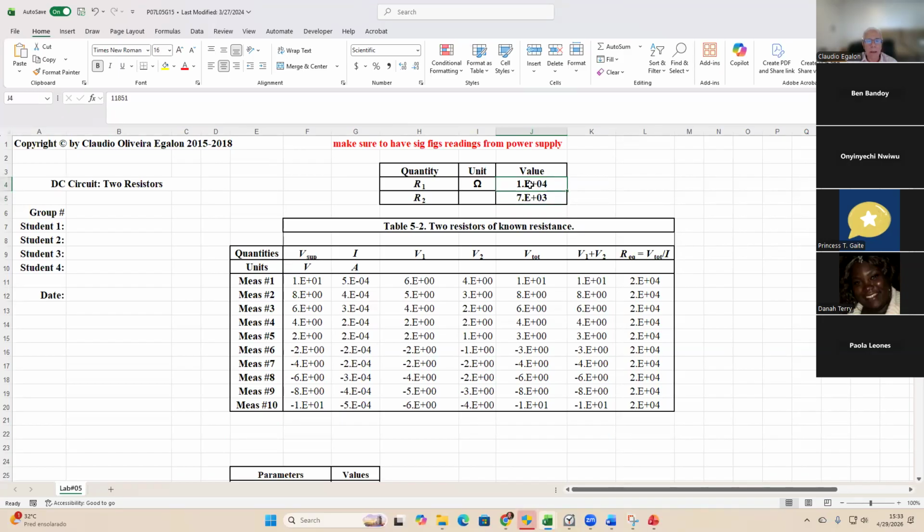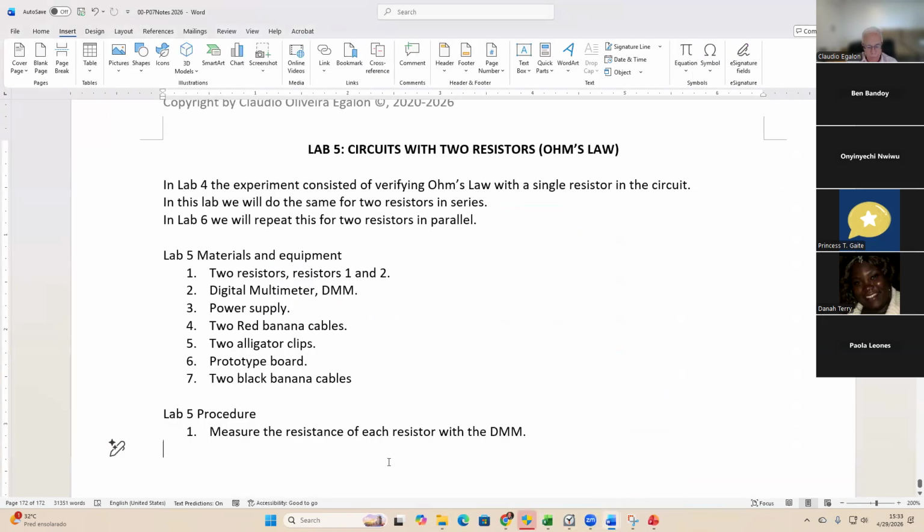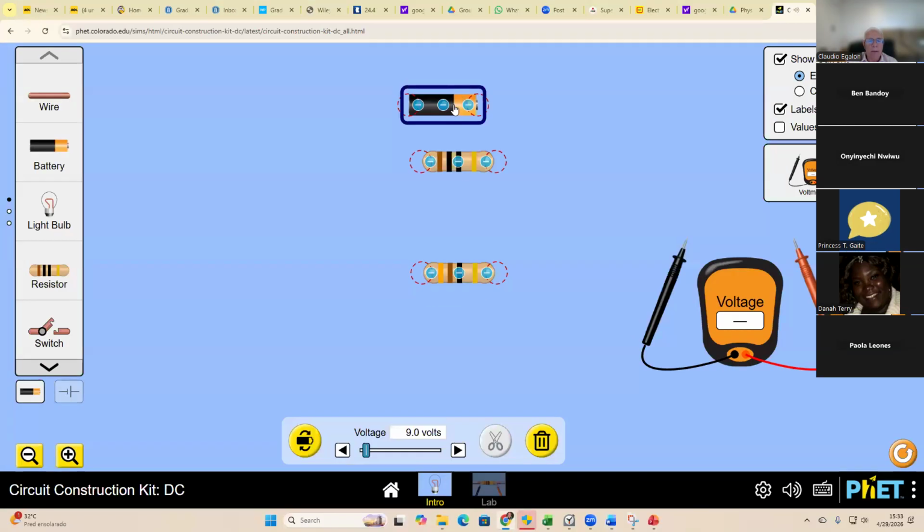Then we turn on the power supply and adjust it to 10 volts. That's what we're going to do with our battery here. Let's put it at 10 volts. Here you go. Our battery is 10 volts now.